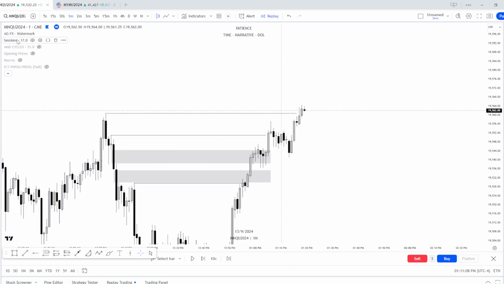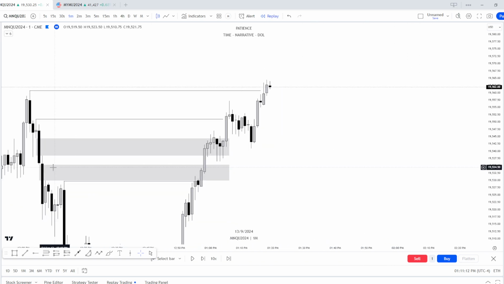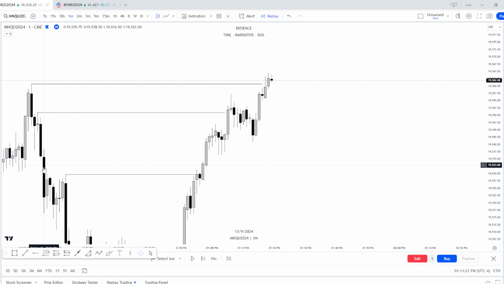So, one thing I actually want you to note here: when we closed above this bearish fair value gap right here, with these candles, what did we also form? If I just get rid of these for the time being, what did we also form? Bullish fair value gaps.